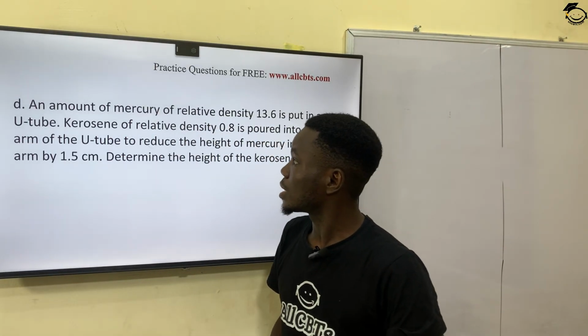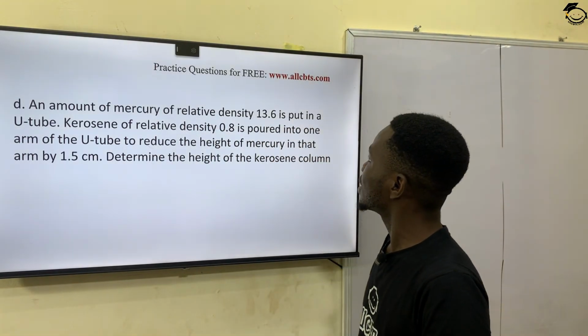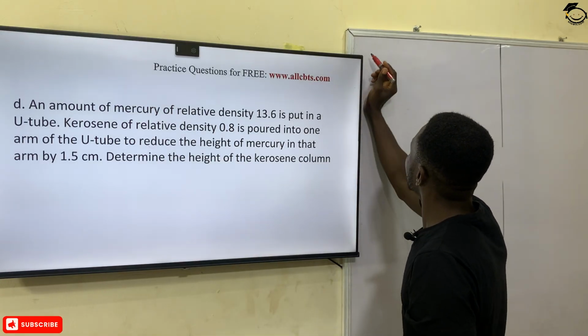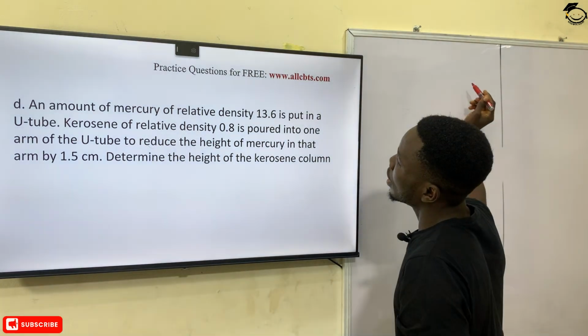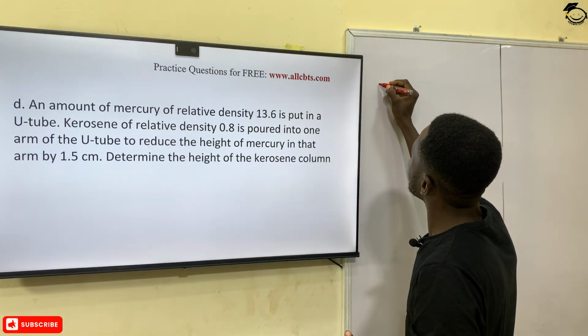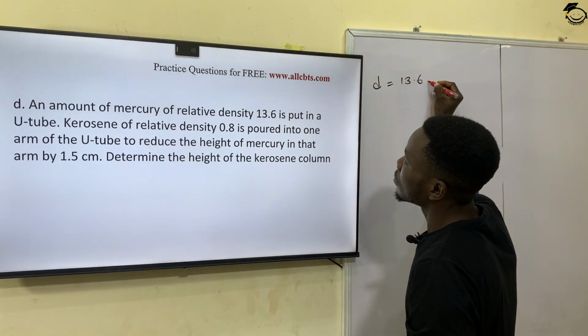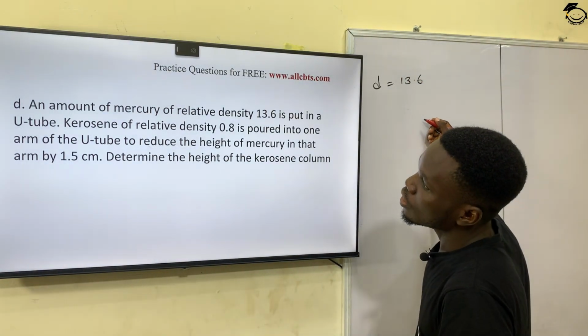Question number 1: an amount of mercury of relative density 13.6 is put in a U-tube.